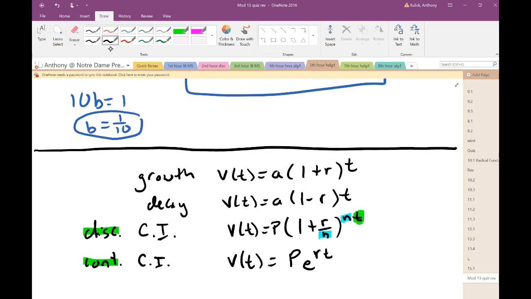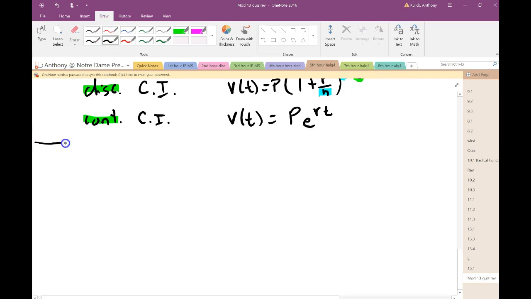The only other way they might say that is like compounded every instant would still be continuous, right? Because how often is an instant? All the time, right? Everybody happy with this?